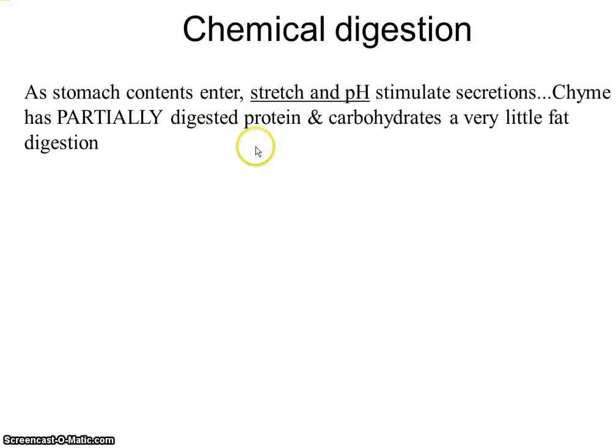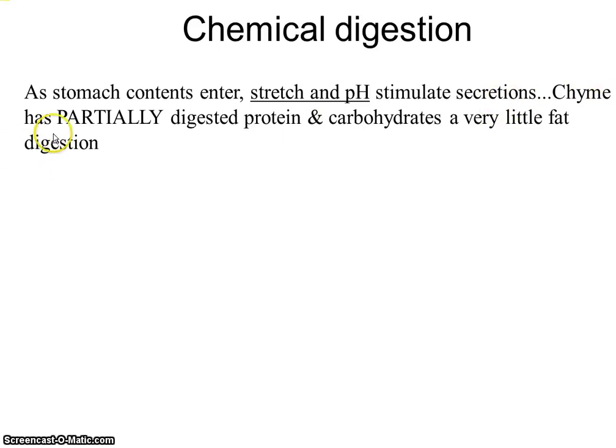All right? Chemical digestion in the small intestine, there's a lot, right? Because we really haven't done much of anything. As the stomach contents enter, stretch receptors and chemoreceptors are stimulated, food is in there, and we've got a situation that we have to deal with. Secretions begin, right?